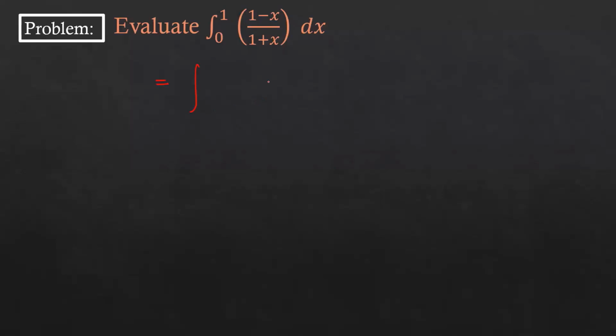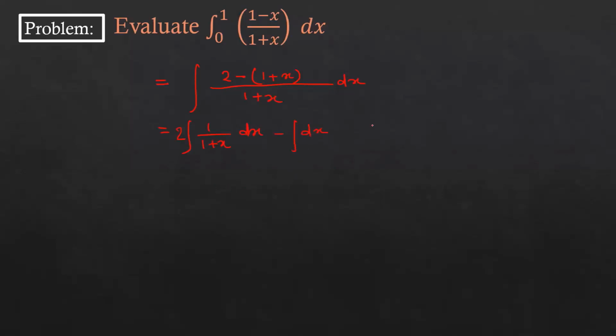You can add and subtract 1, so we can write the numerator as 2 minus 1 plus x. Is it correct? 1 plus x. After that you can simplify that integration: 2 times the integration of 1 by 1 plus x dx, minus the integration of dx.